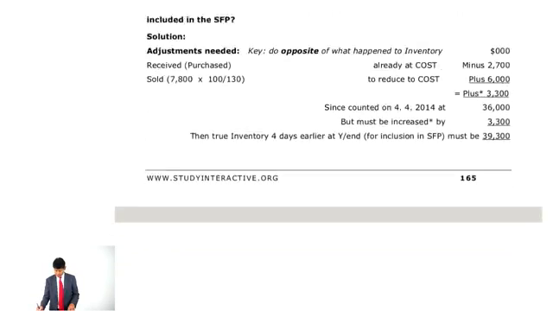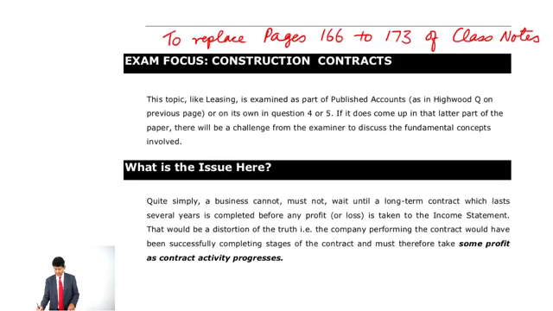So where should we go from there? Now this is the important bit. I want you to remove from your class notes pages 166 to 173 and the corresponding answers at the back, of course, and replace it with the 8 new pages I will be making available to you.